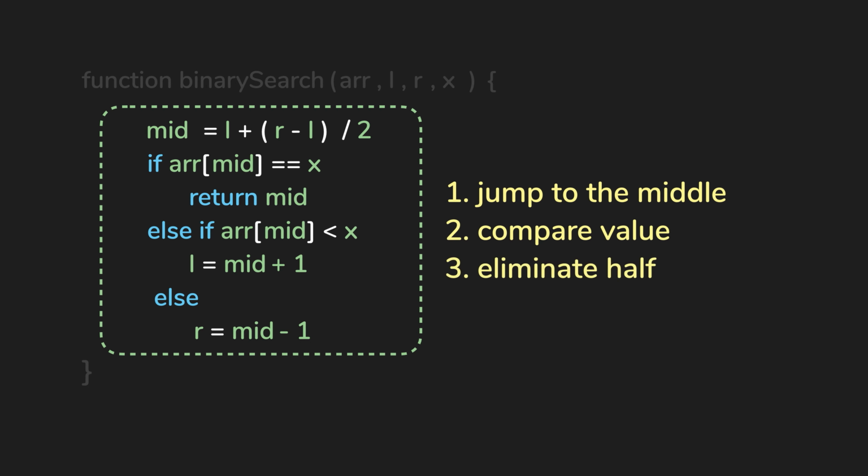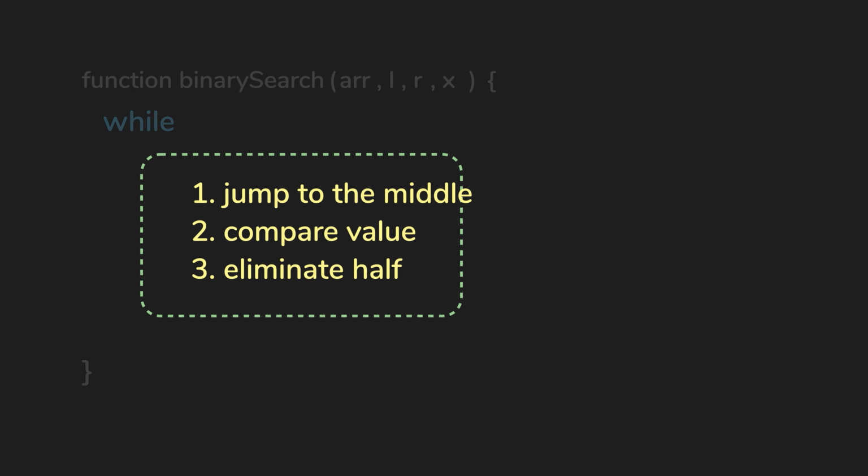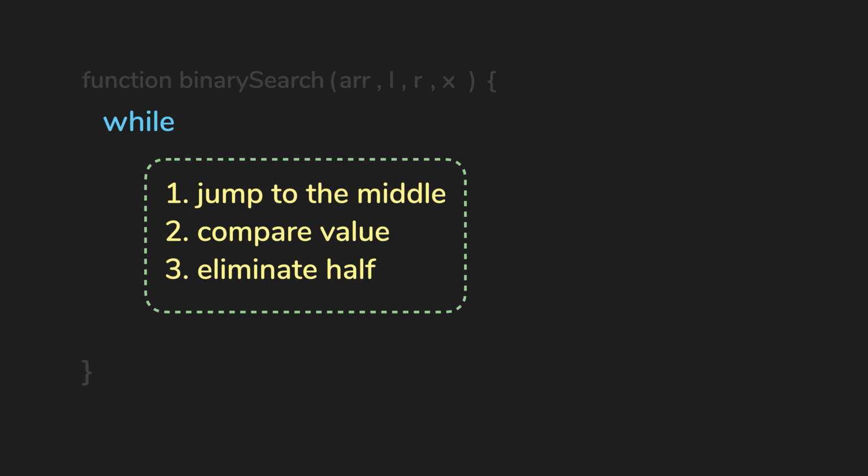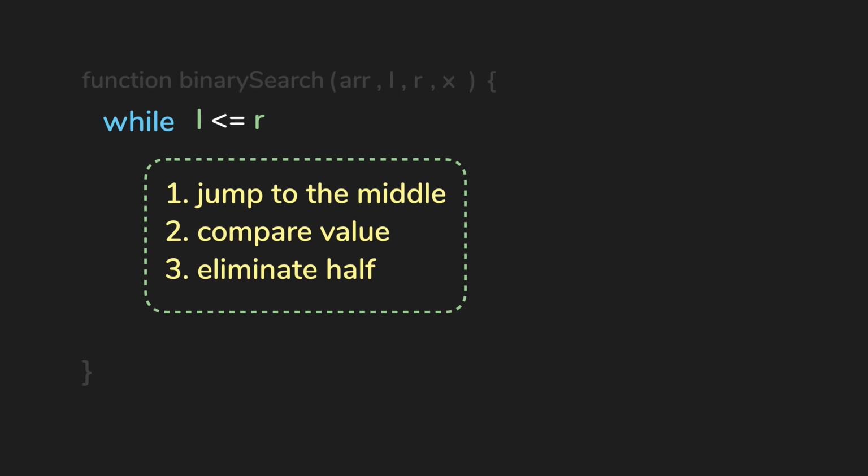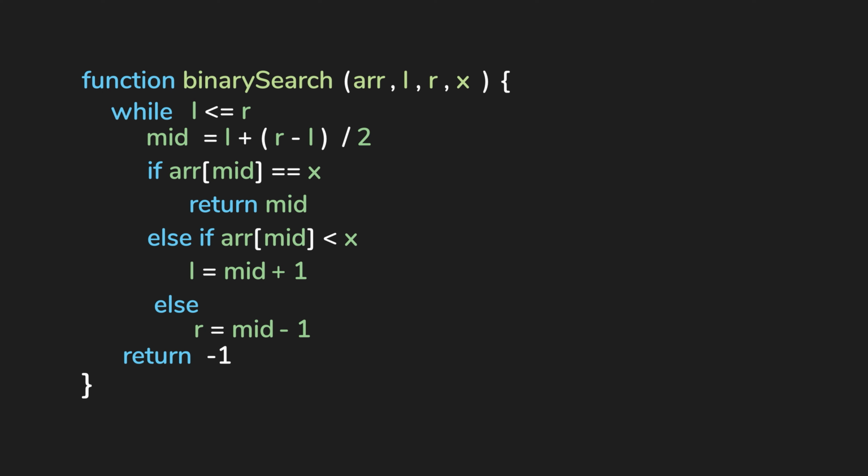This process of jumping to the middle and comparing and reassigning L or R should be repeated, so we'll put a while loop around the whole thing. L and R will get closer as we loop, and we will loop until L becomes greater than R. We can express that in code by saying while L is equal to or smaller than R. So if L and R ever meet and become the same, that will be our last loop.